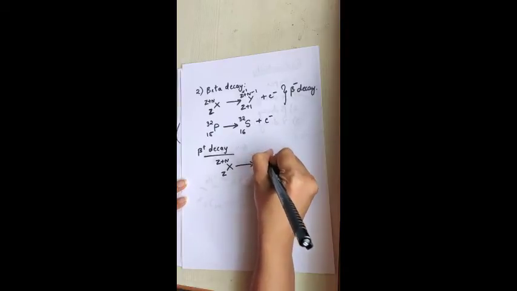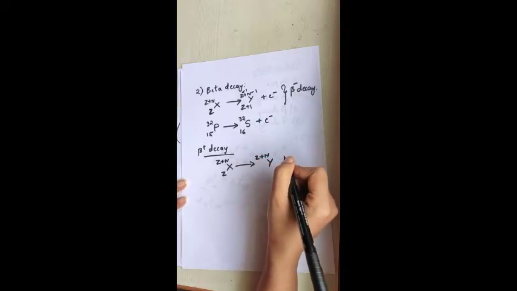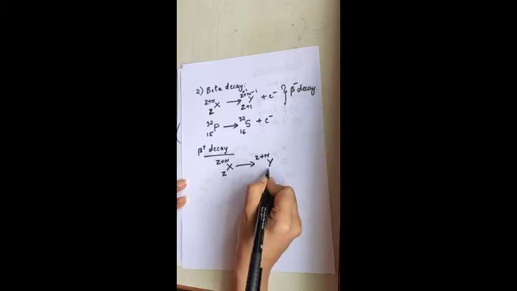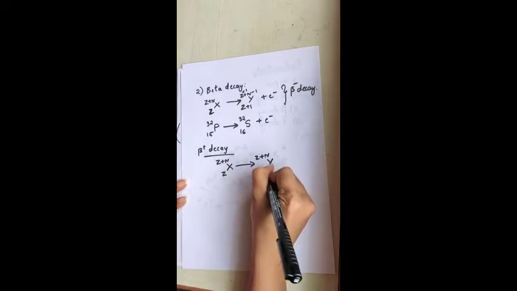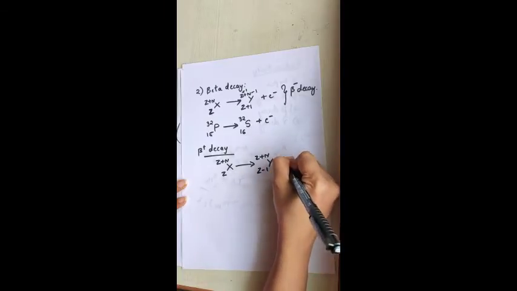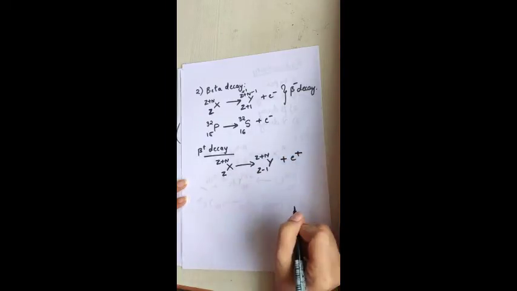The mass number remains the same, and a proton gets converted into a neutron, so there is one less proton, Z minus 1, plus a positron is liberated.